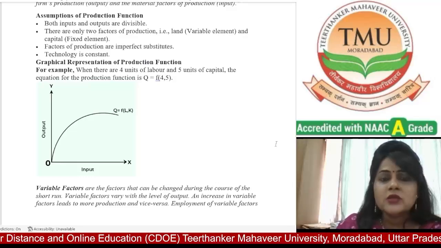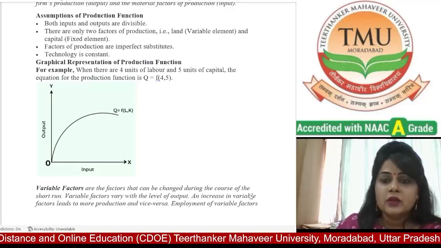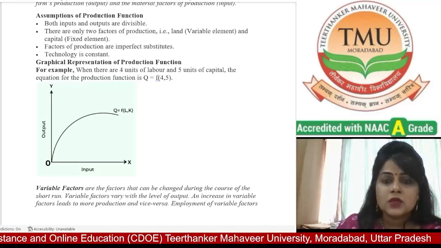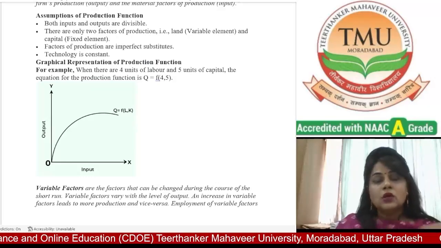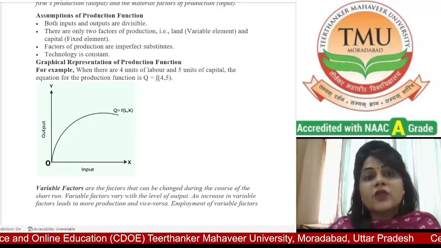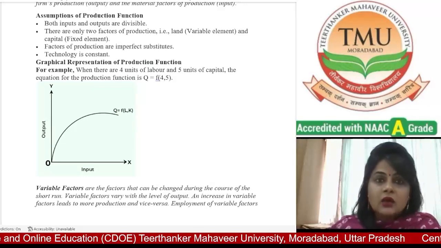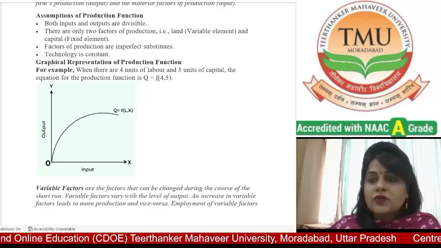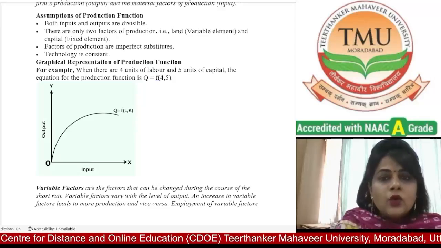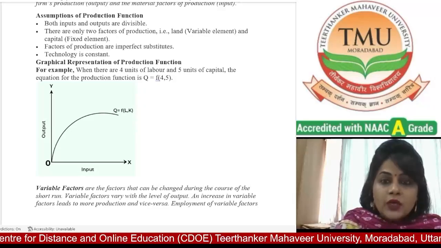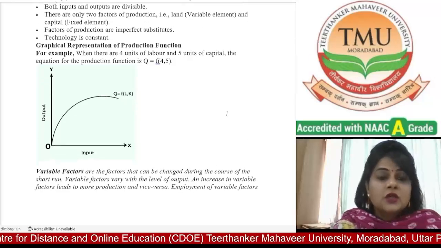It also depends on the efficiency of the technology. Students, hope you understood well what the production function is.